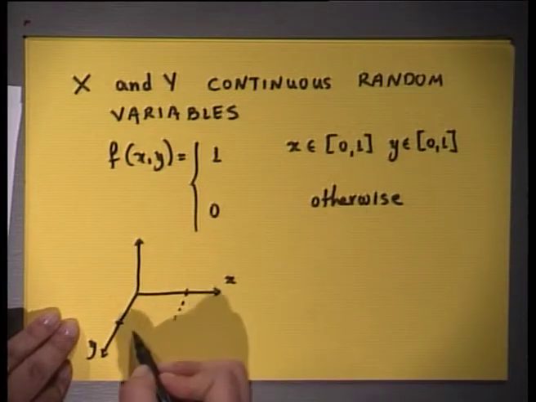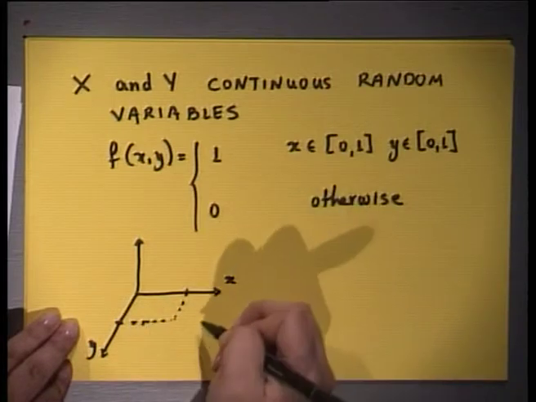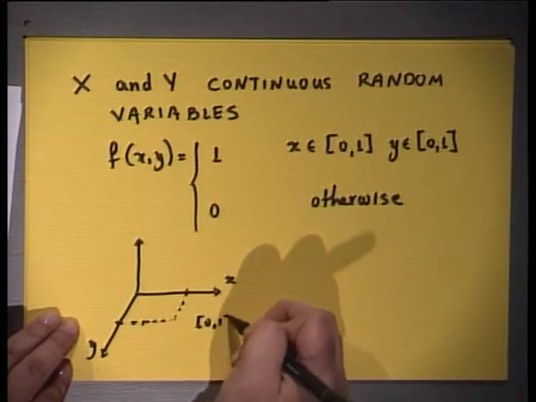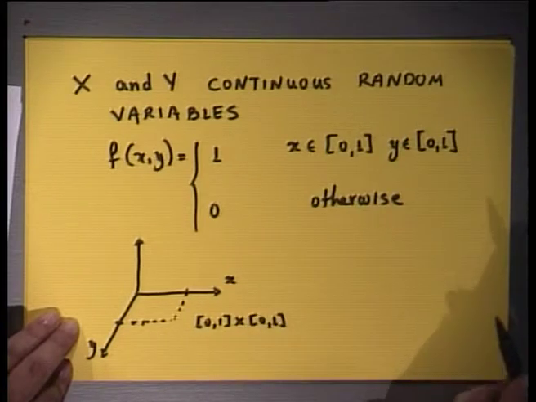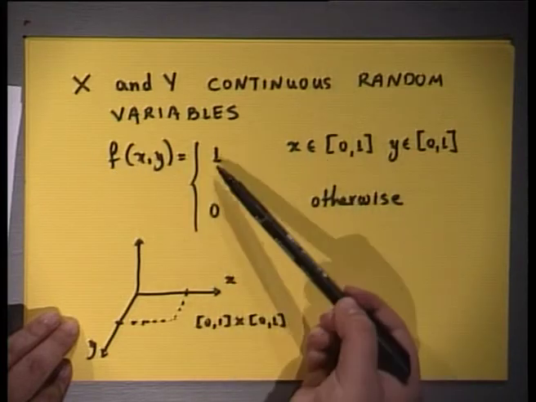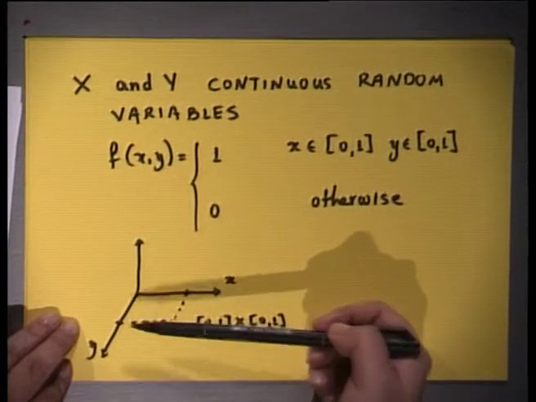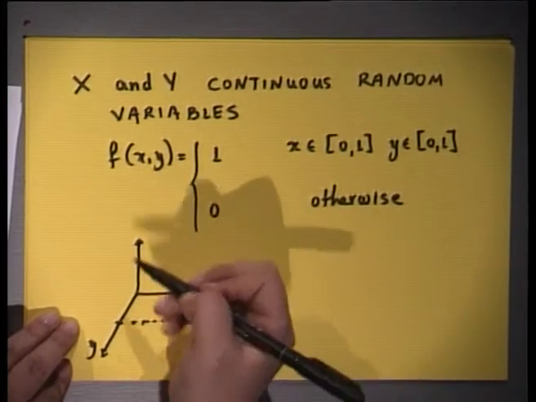So we actually have a square, the square from 0 to 1 by 0 to 1, and this function takes the value 1 for x and y in here.